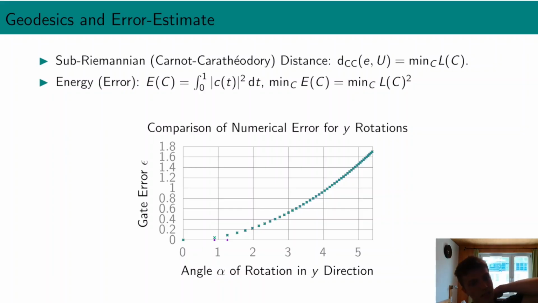And here we see that we have this error and that it exactly scales with the sub-Riemannian distance. So we have some angle of a rotation in the y direction. That is a rotation that we cannot immediately do with only x and z rotations, but still our estimate holds.